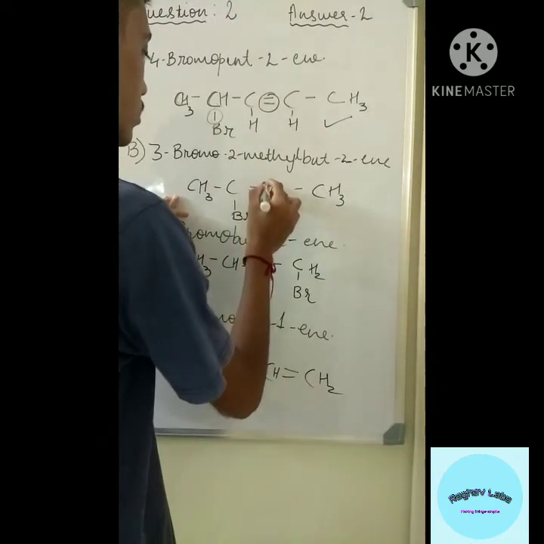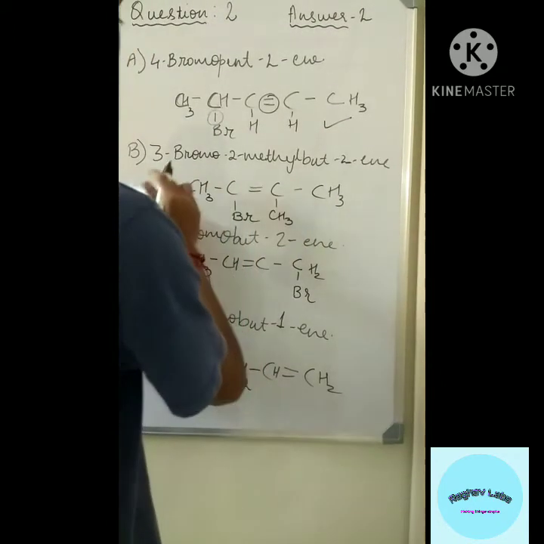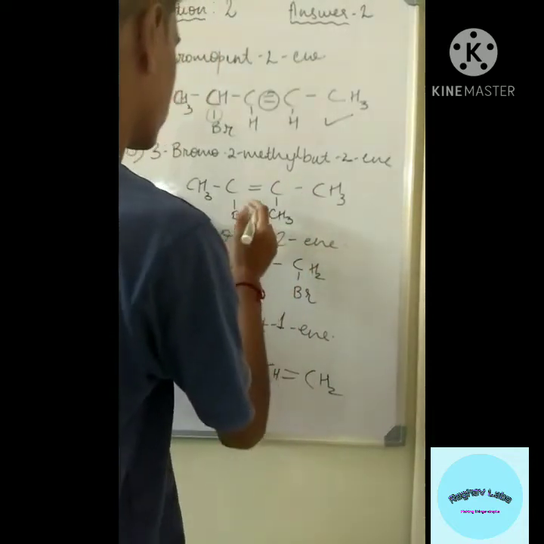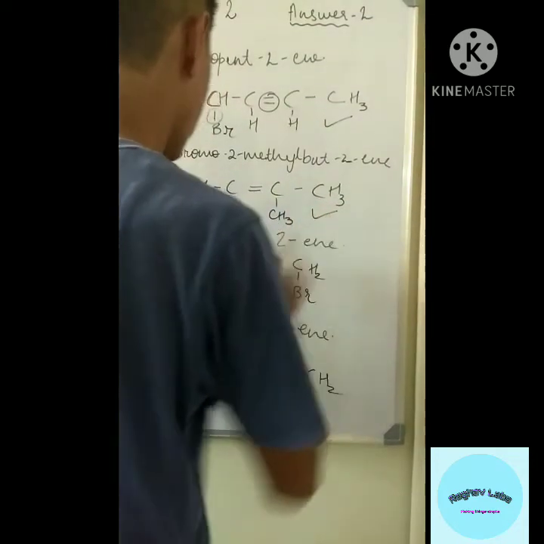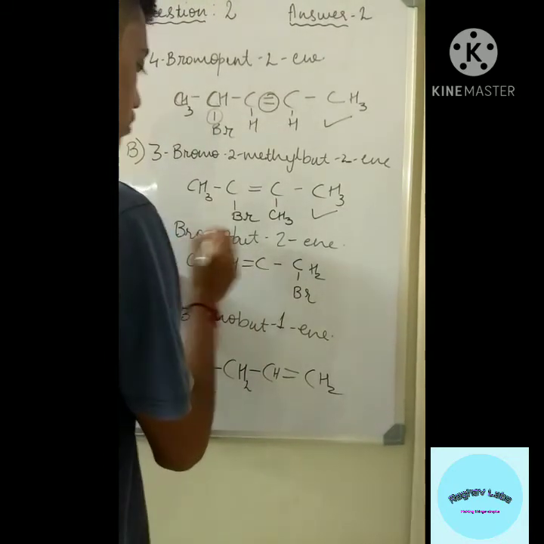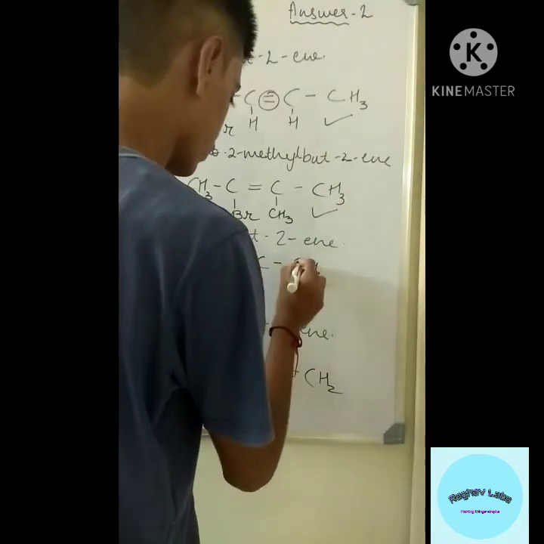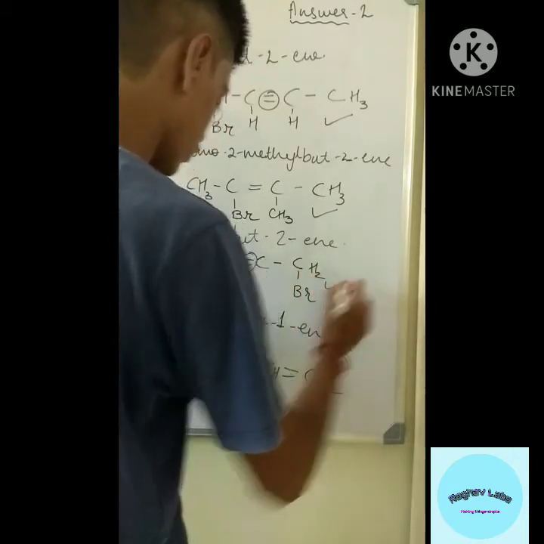In option B, the halogen is attached to the carbon-carbon double bond. So we can consider option B also as an answer if there are multiple options, right?